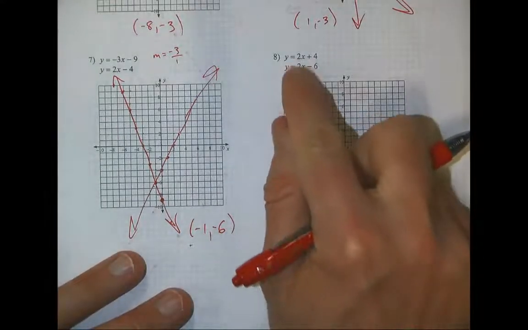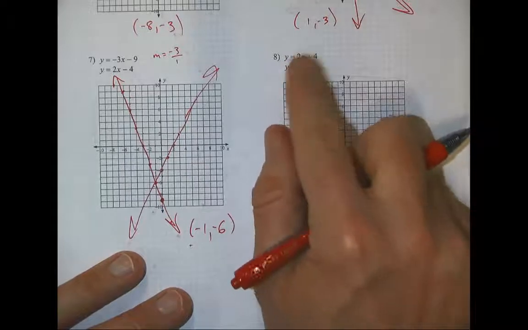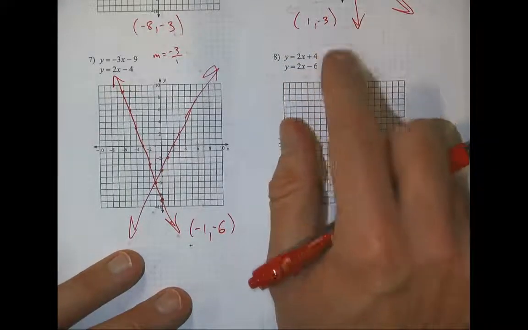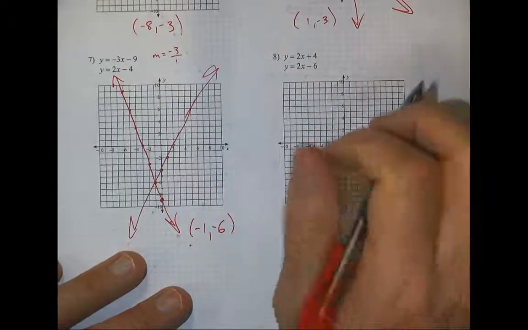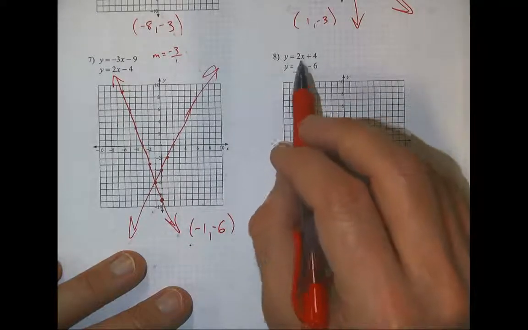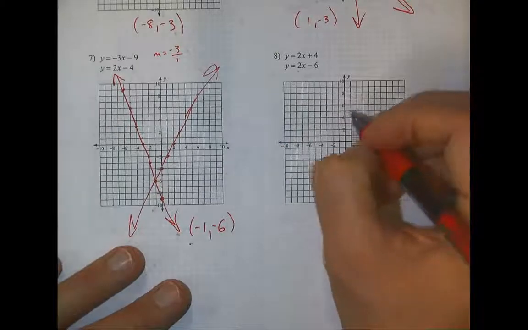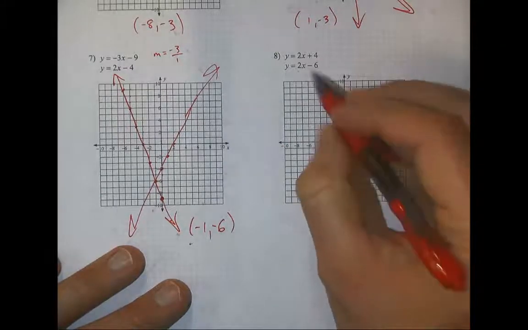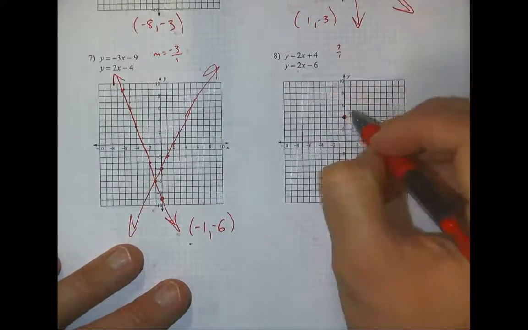Number 8, once again, when I look at it, I see 2x and 2x. Those are similar slopes, different intercepts. This is going to be no solution. Now we're going to show it on the graph, but you should notice those slopes there are going to make this no solution. So starting at the first one, +4, slope is 2 over 1.